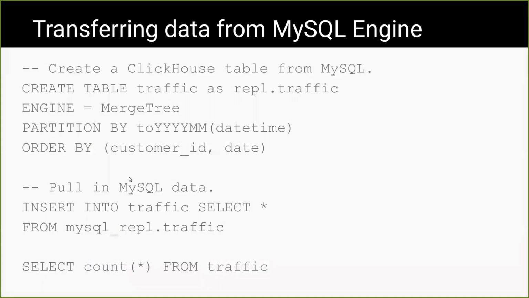Now, continuing to work through this example, we could actually just move all the data from that big table over into ClickHouse. That's really easy to do because we have the database engine, which allows us to see the data. What we're now going to do is create an equivalent table in ClickHouse.